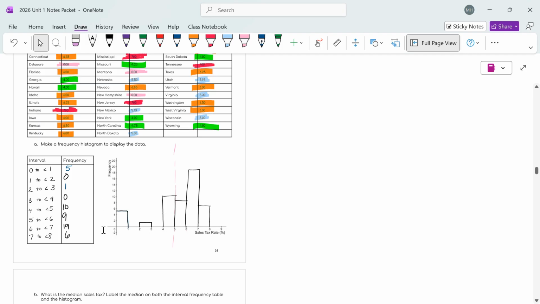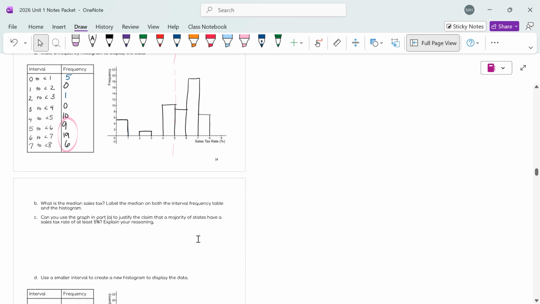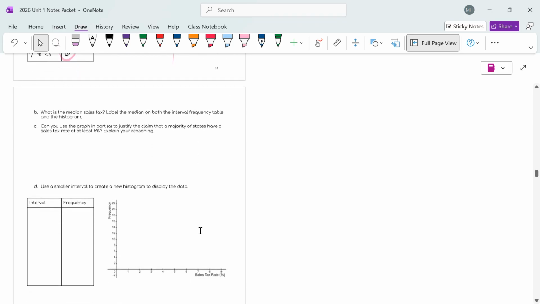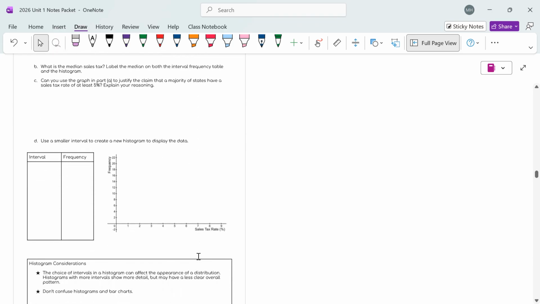We would just count and see if that was more than half. Visually, it looks like it might be more than half, but we might also have to count these numbers and add them up. And I think, okay, that's more than 16. So yes, we could use this graph to help justify our claim. We'll do a little bit more with histograms in a little while.